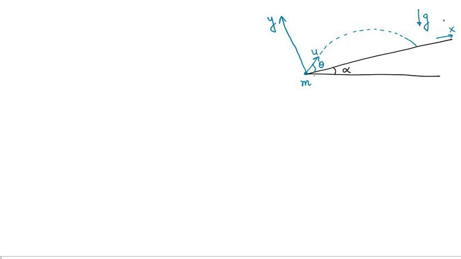Now, what are the changes that you expect? First, your acceleration ax is not 0 here. Let me write down the components. If this is g at this point of motion, you can draw components in the x and y directions.